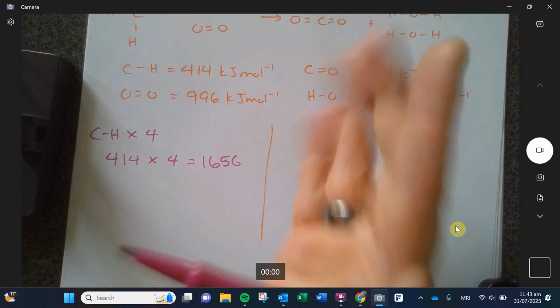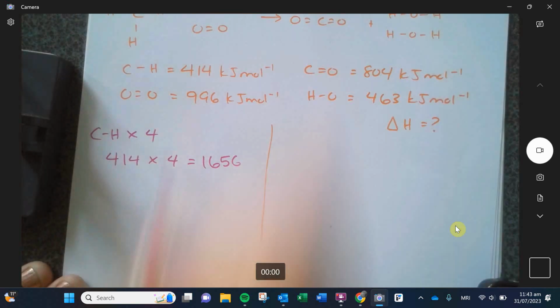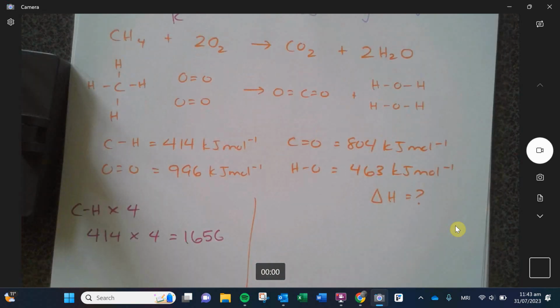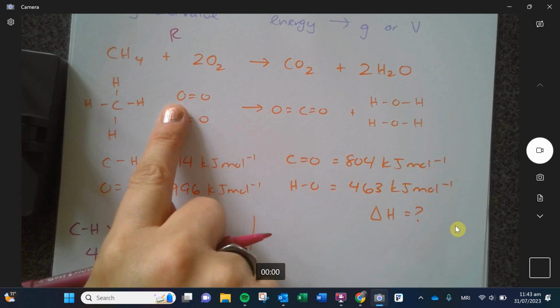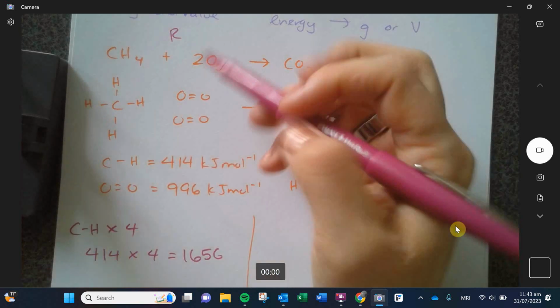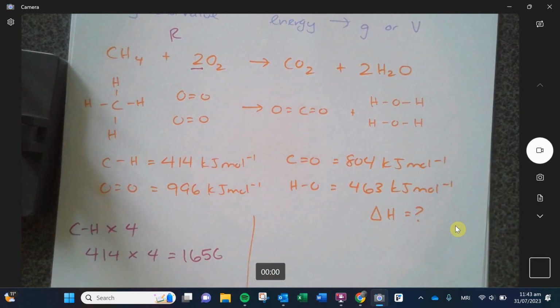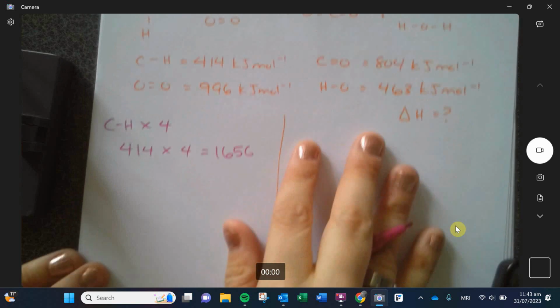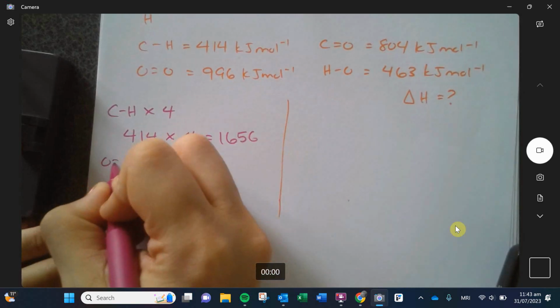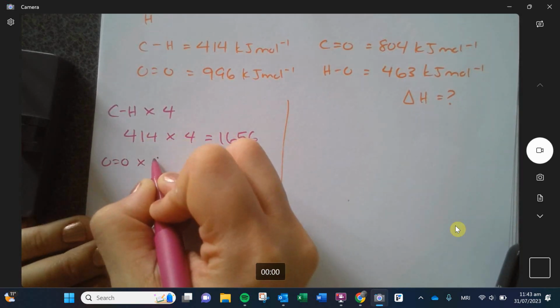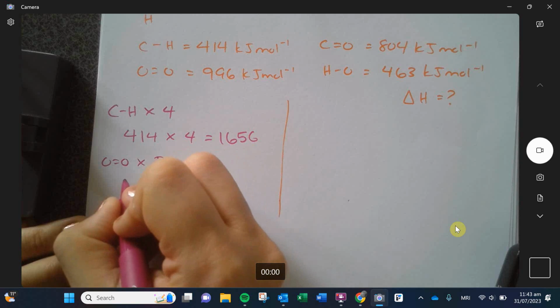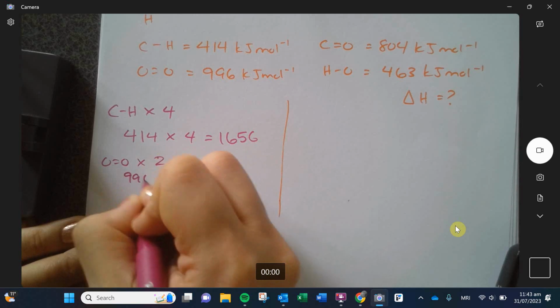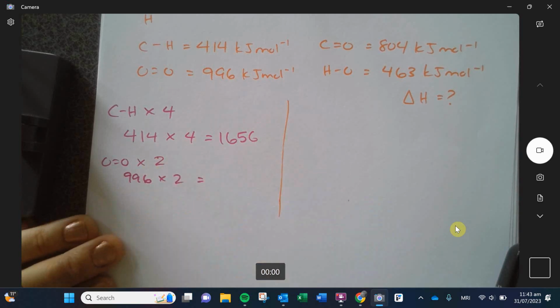All right, the next thing I have on my reactant side is I can see that there is an oxygen-oxygen double bond, and I have 2 molecules of oxygen. So I have 2 bonds of those. So that would be 996 times 2.